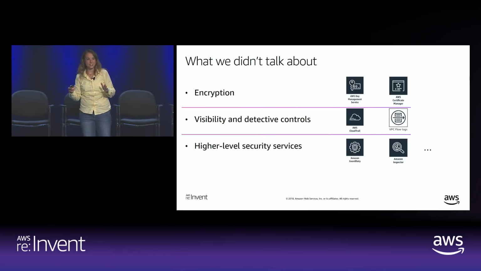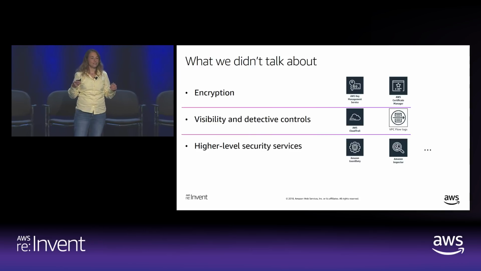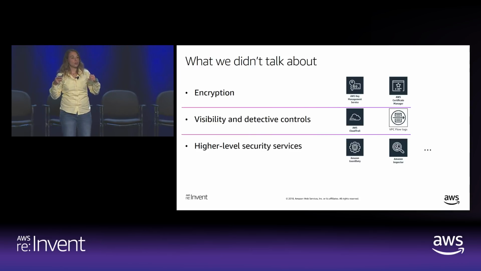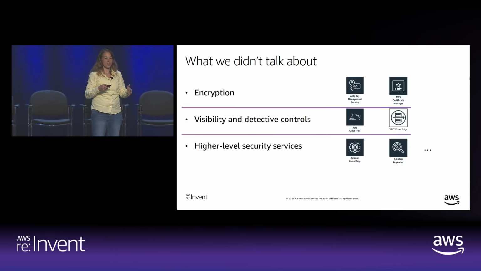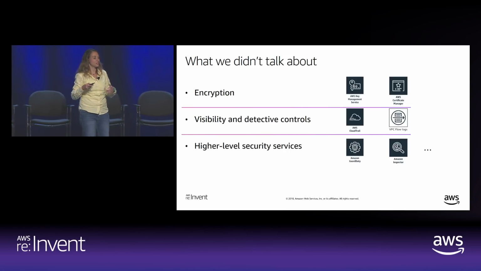Again, you just turn this on, and you can have all of your traffic flows into, around, and out of your VPC: source and destination, port and IP address, protocol. And you can get that dumped to CloudWatch Logs for analysis, or just get a dump into S3. So these are your two visibility controls on permissions and on network connectivity.